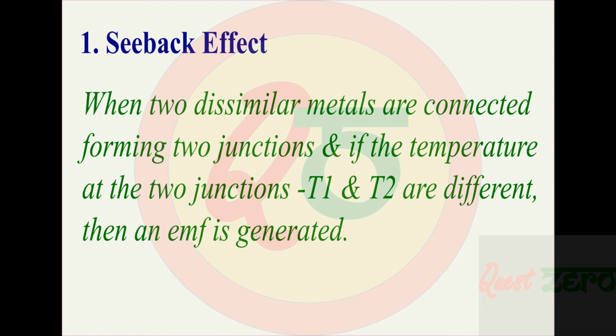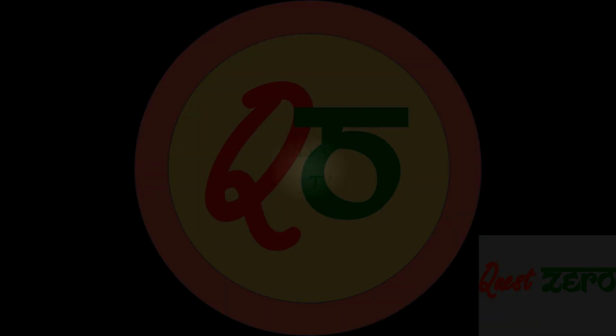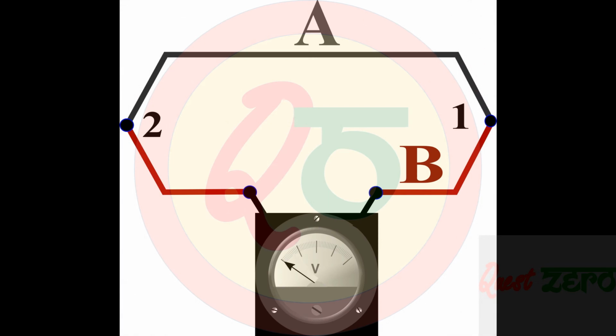You don't connect them at only one junction, you connect them at two junctions, and when the temperatures of these two junctions are different, the circuit produces an EMF. This is called the Seebeck effect.